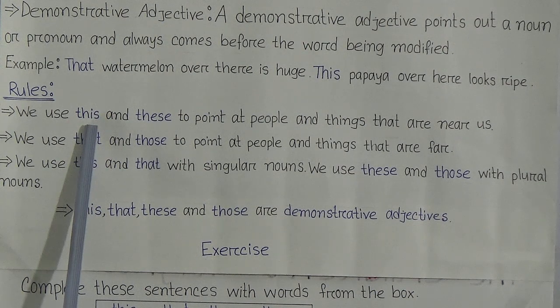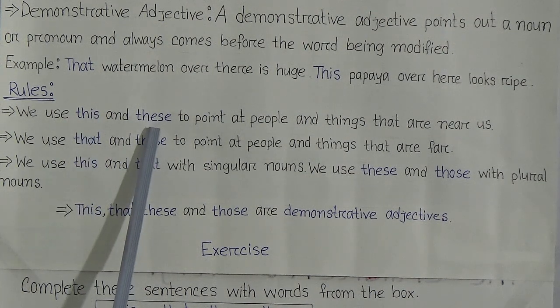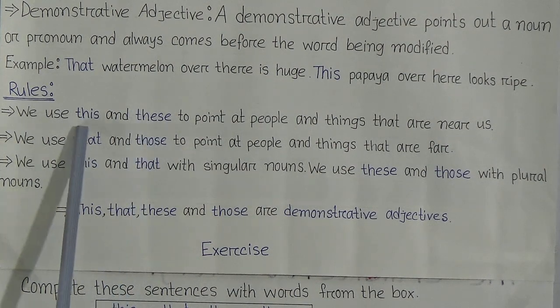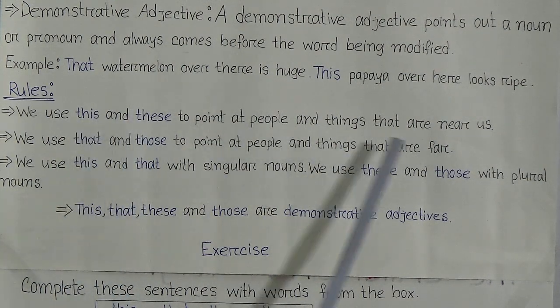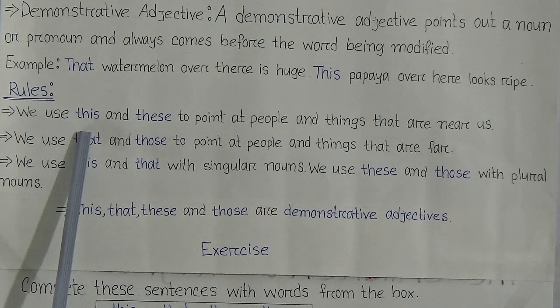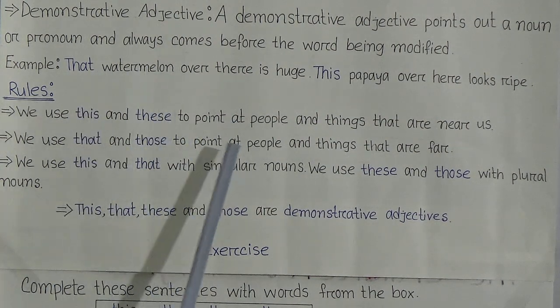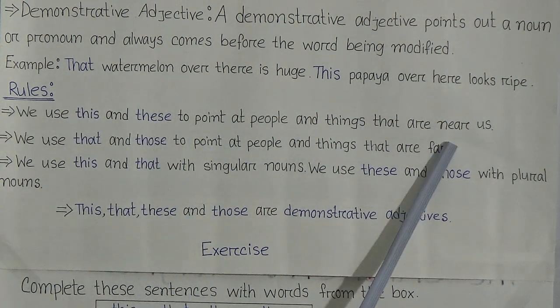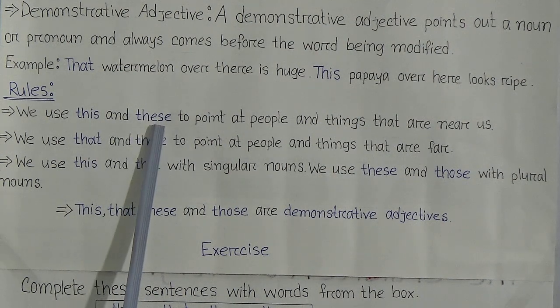This is singular and these is plural. So when we find someone or something singular and close to us, we use this. And if it is plural and near to us, we will use these.